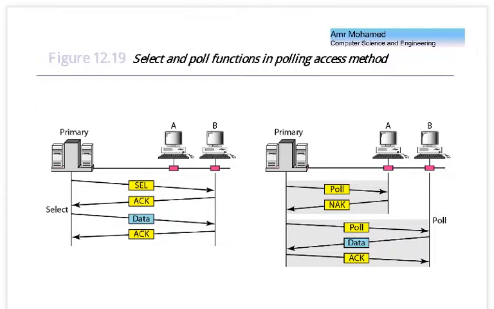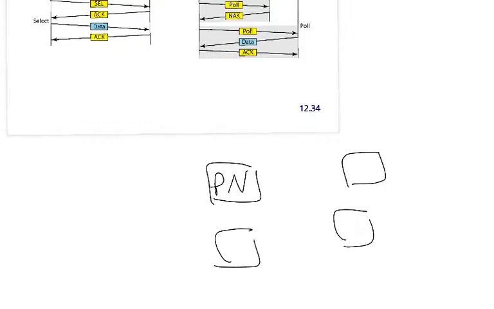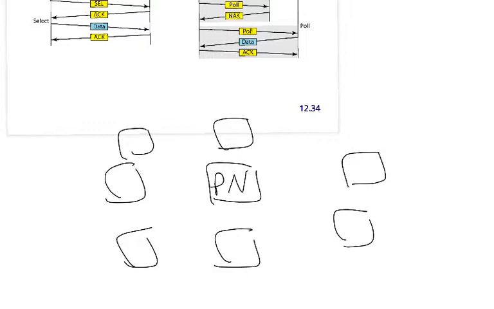So in that case, we have a primary node, and we have nodes around it. Okay? Anything has to go through the primary node, which means that if this node wants to send to this node, it cannot send directly.